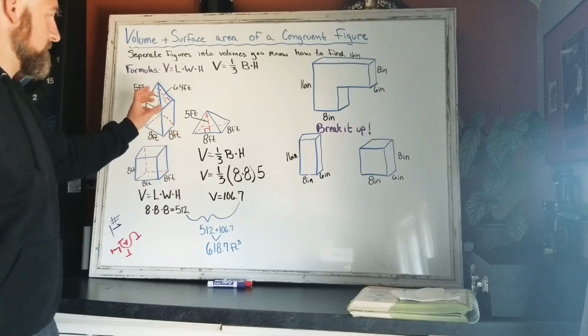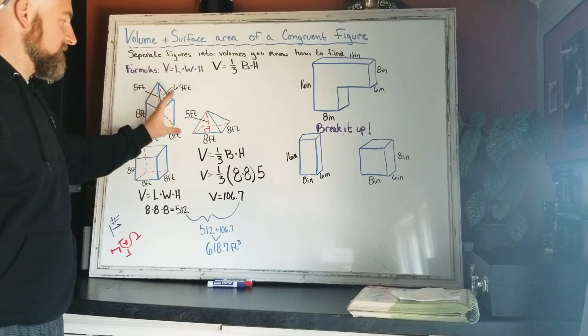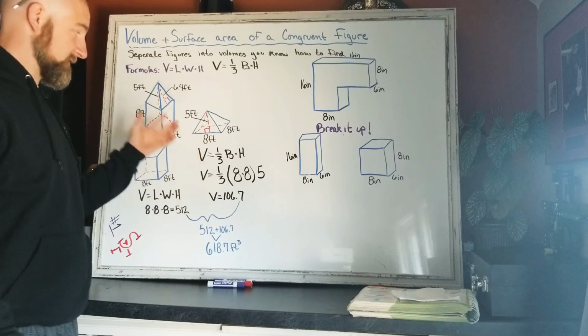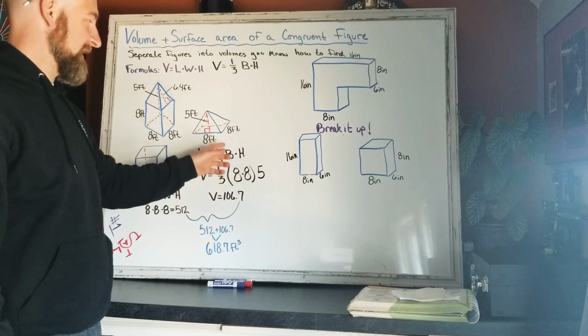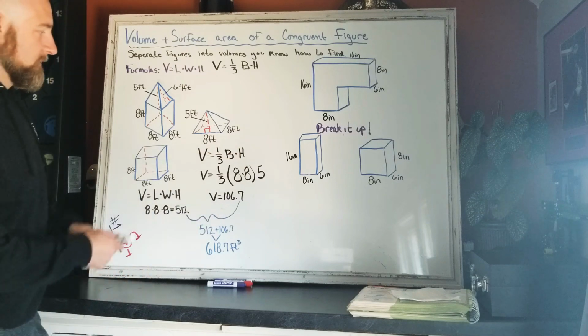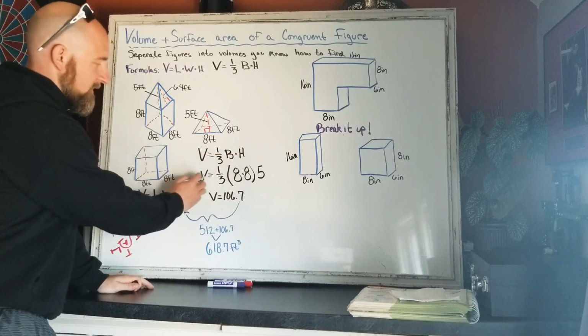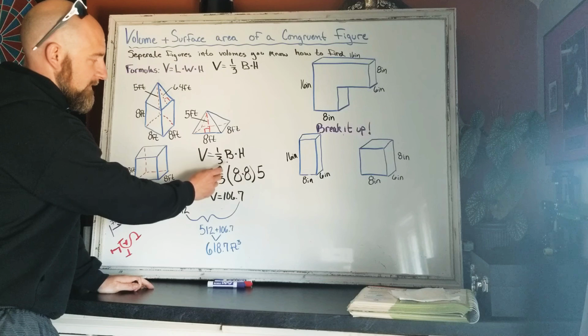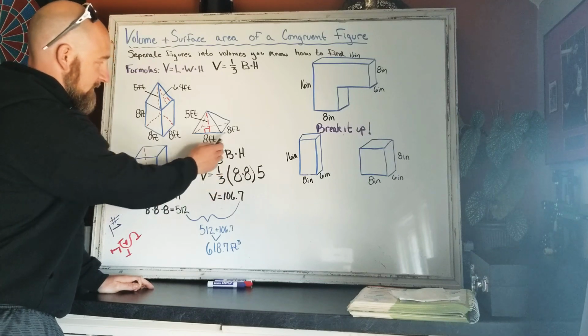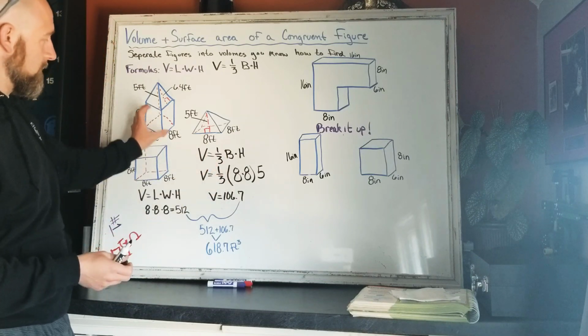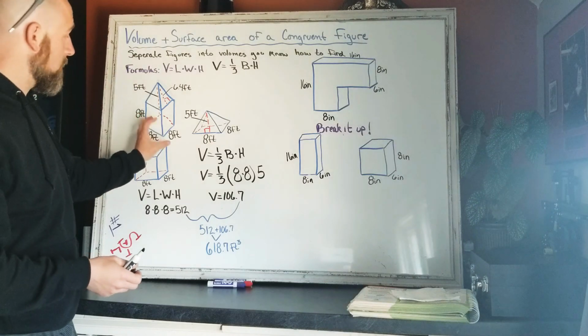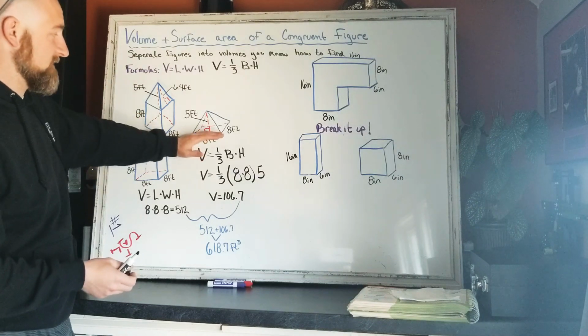Now for this second part, we have to find the volume of a triangle, where our formula is 1/3 times the base times the height. So we have volume equals 1/3, and then in parentheses we have the base, which is 8 and 8, right? Because we know that the base of our square was 8. So that's the base of our triangle.